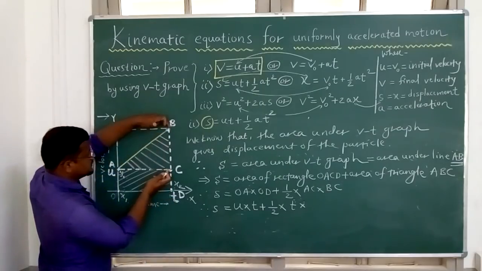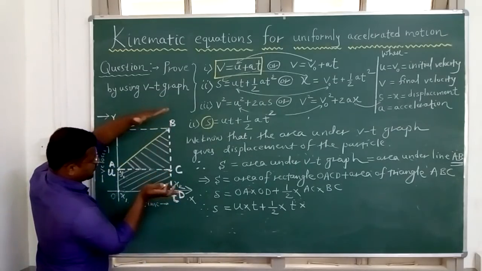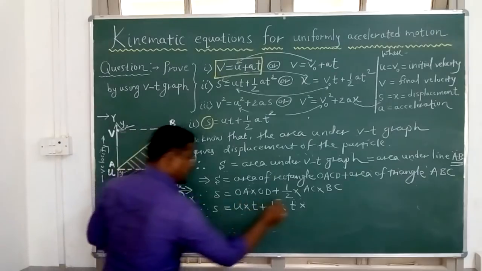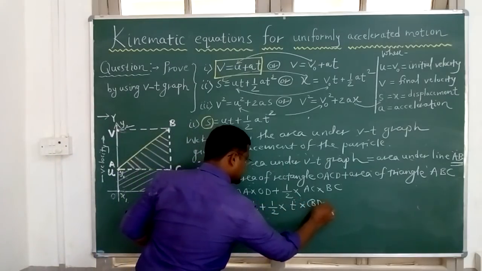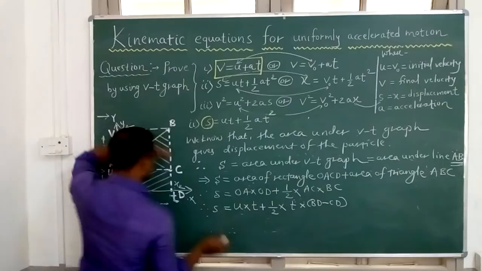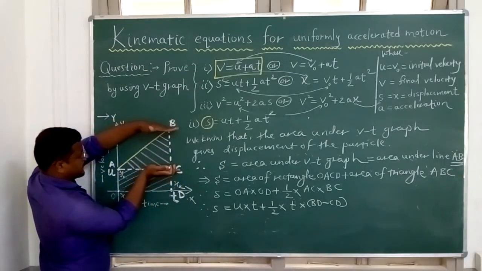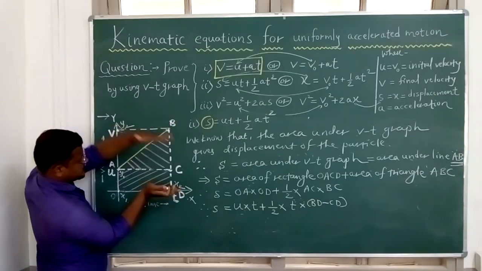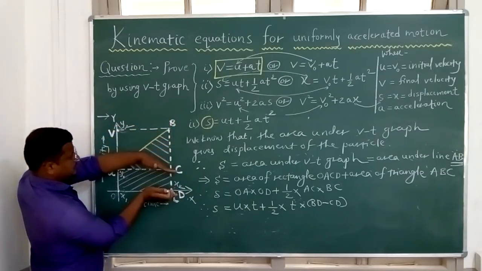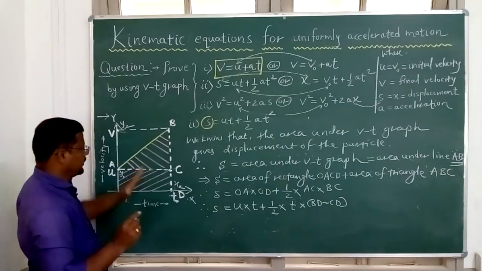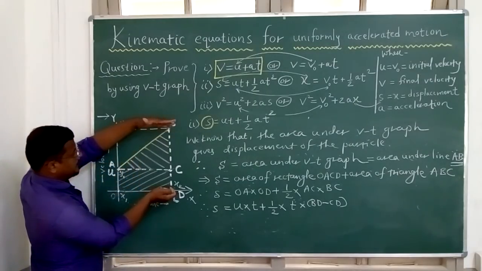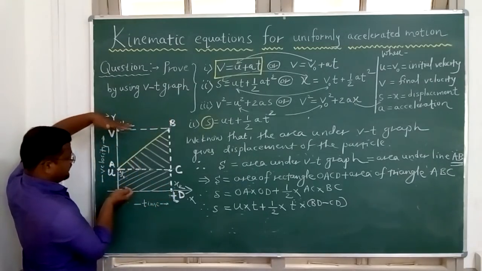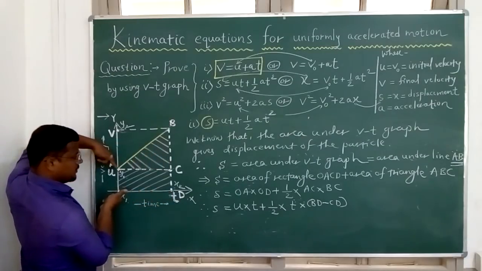I don't know BC, but BC is equal to BD minus CD. Once again I will explain why BD minus CD: because I want BC, this height. The total is BD, and from that you subtract CD. BD minus CD is nothing but BC. Why? Because BD is my final velocity and CD is my initial velocity.